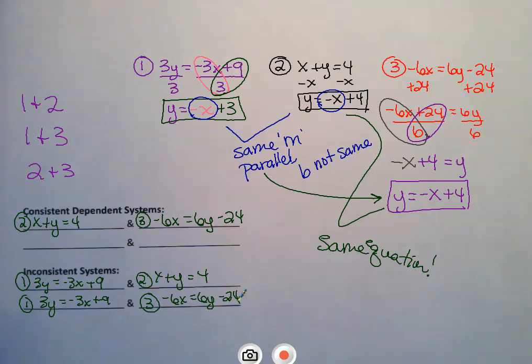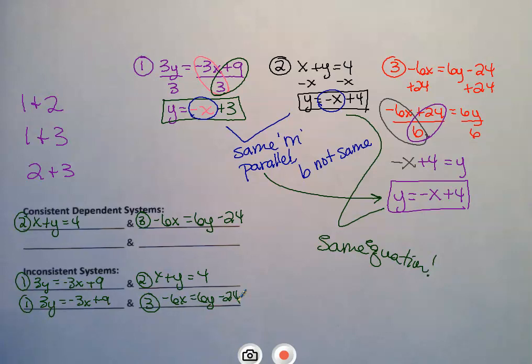Awesome. Now, I do want to show you, you've got some room at the bottom there, just what a false statement looks like. So which of these, when we put them together, is going to give us a false statement? Which one gives us a false statement? 1 and 3.